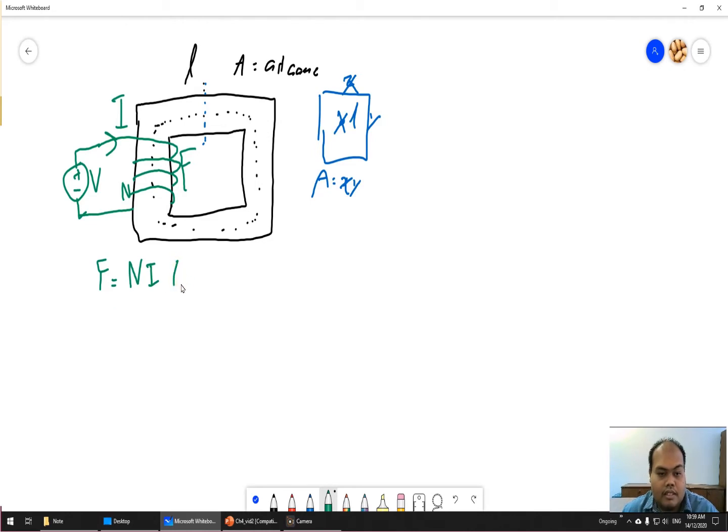So the unit is ampere-turn, like I said before. Ampere is also acceptable.